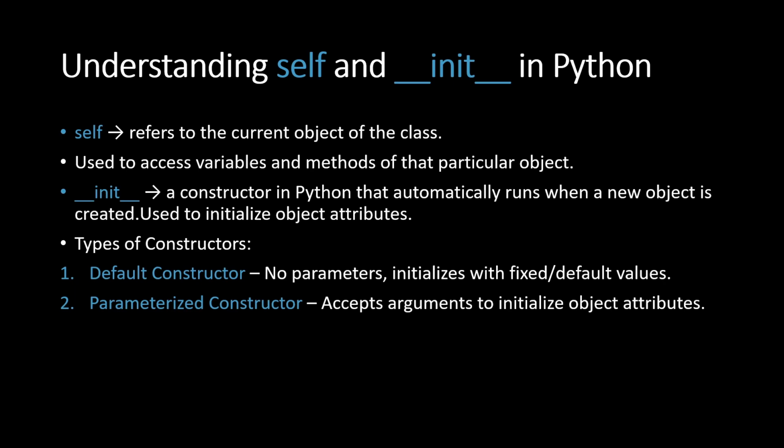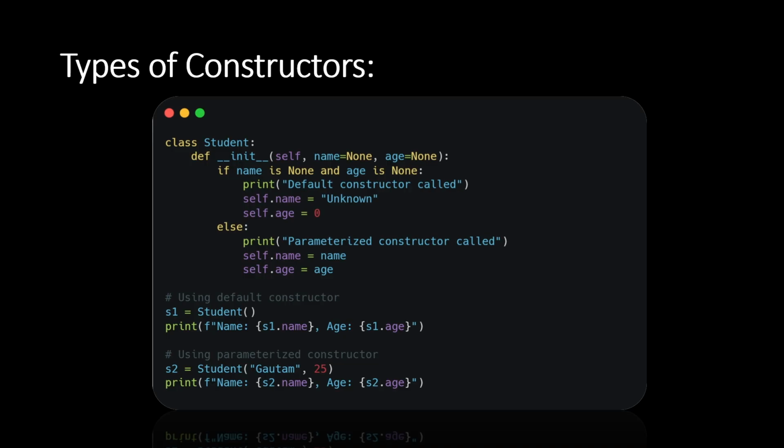And there are two types of constructor. First is the default constructor. Here this default constructor takes no parameter, while the other is the parameterized constructor. The parameterized constructor takes arguments to initialize the object. Here we see I create a class of student.